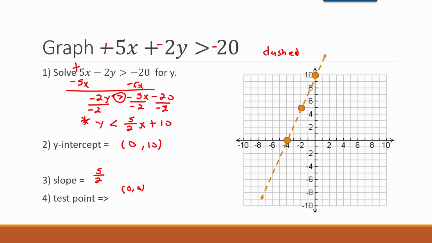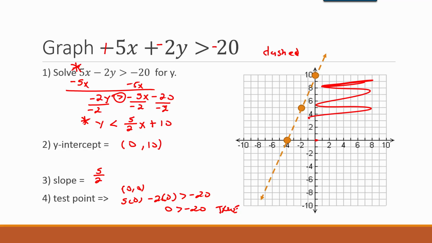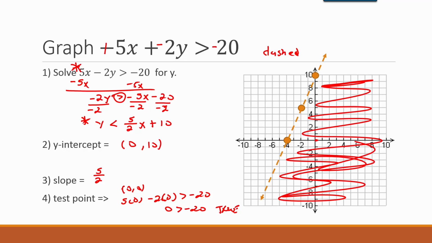In our original, 5x minus 2y is greater than negative 20. So 5 times 0 minus 2 times 0 is greater than negative 20. Anything times 0 is 0, so I get 0 is greater than negative 20, which is true. So that tells me that everything on the side of the line where (0, 0) is should be shaded.